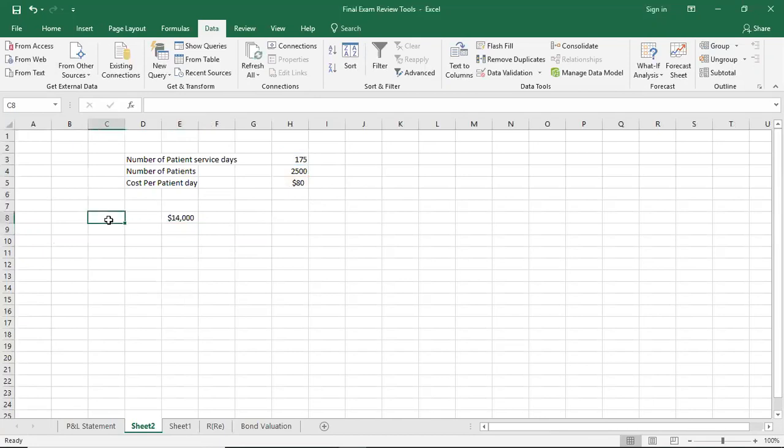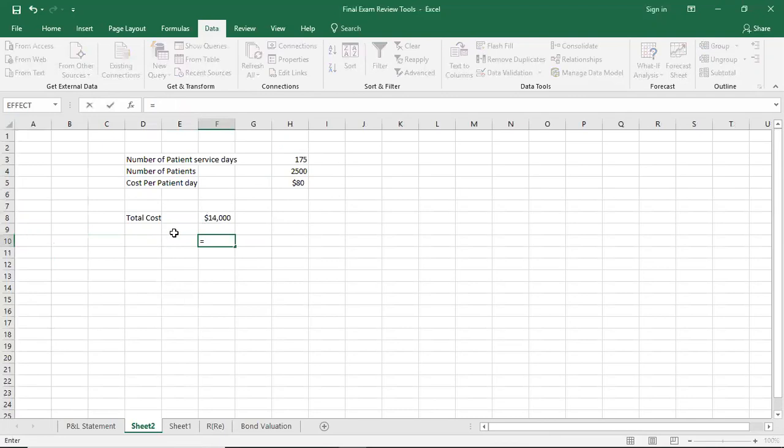So my total cost is going to be that $14,000 there. Then you're going to take that number and divide it by the number of patients in the population. And that's going to be 560.